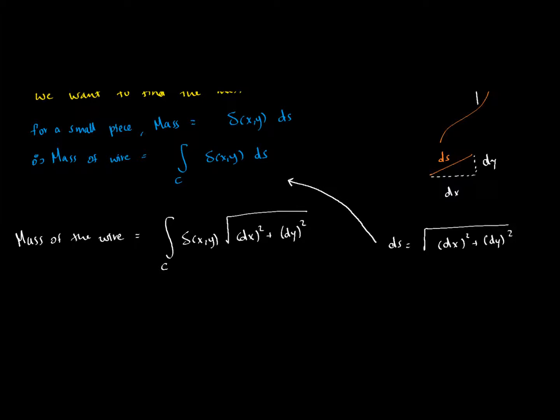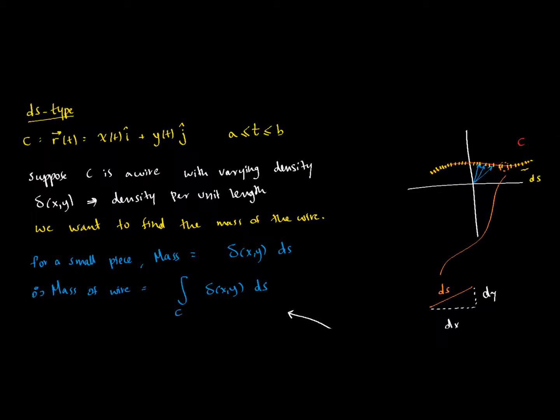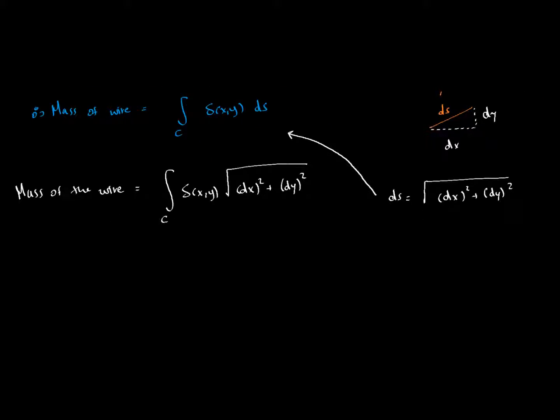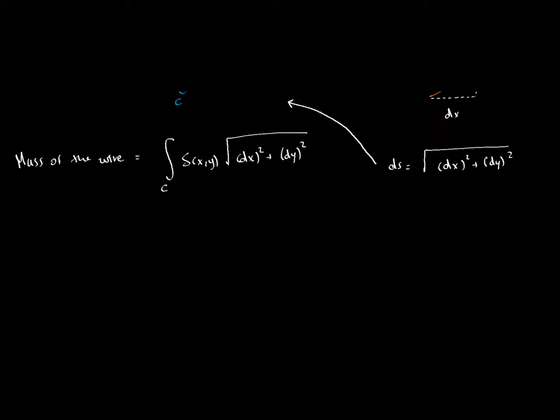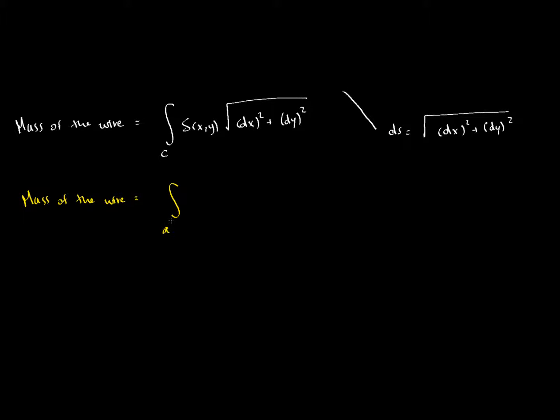Now, since the parameterization of this curve was in terms of t, we can write everything in this integral in terms of t to make the calculations easier. So the mass of the wire is equal to, now t ranged between a and b, so the limits of integration are going to be a and b, density of x of t, y of t, times the square root of dx squared plus dy squared.